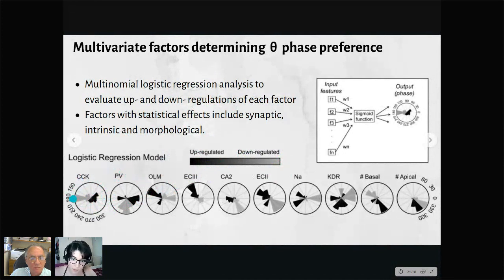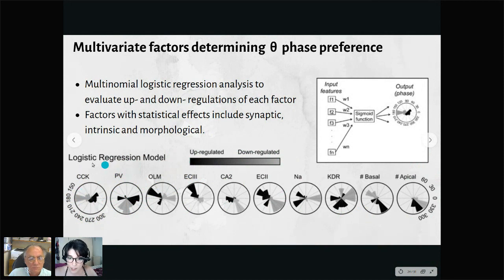Here we can see the results of the CCK and PB experiments. If we lower the CCK, then the neurons will start to fire at the peak. And if we lower the PB, then the neuron tends to fire in the descending part. I haven't said this, but these are results that are statistically significant.